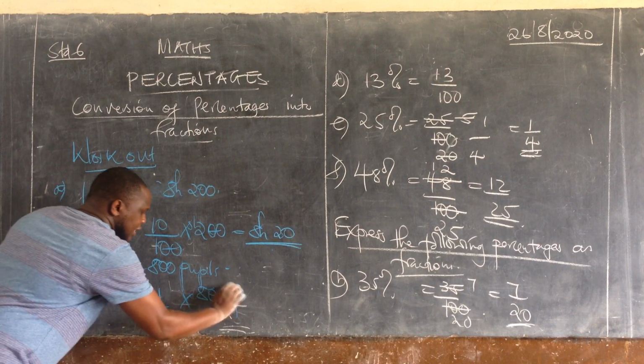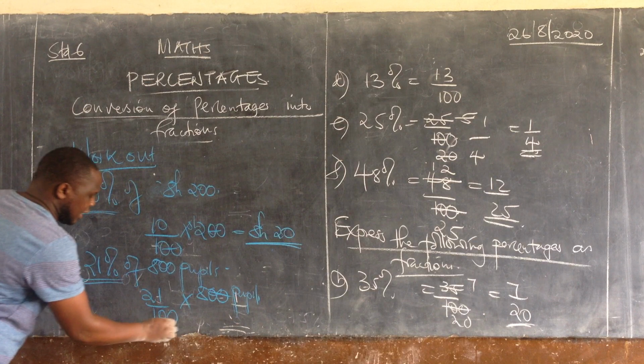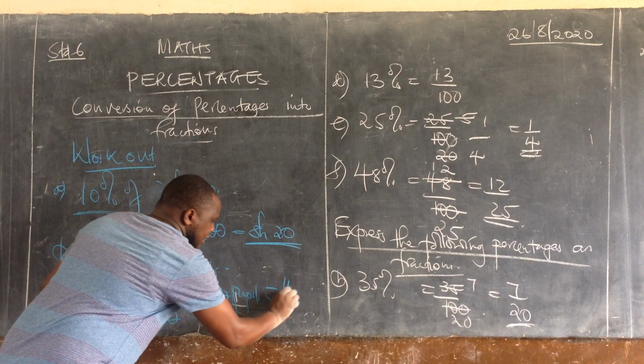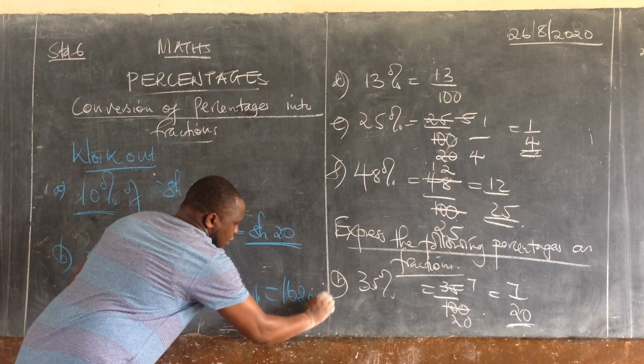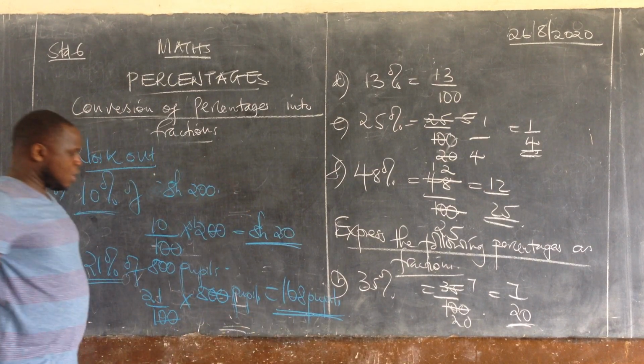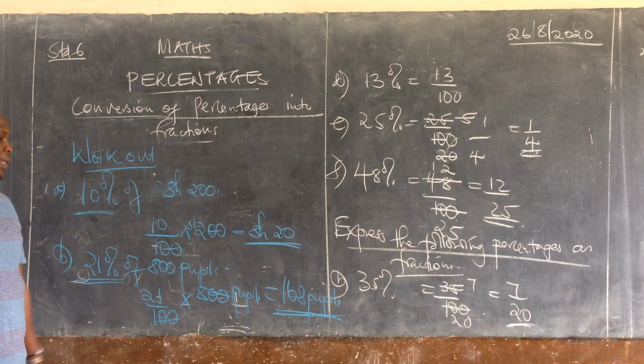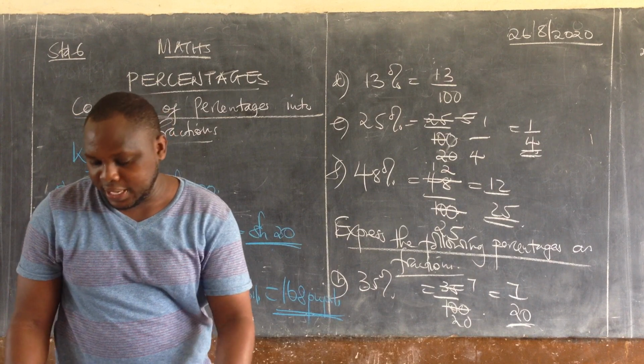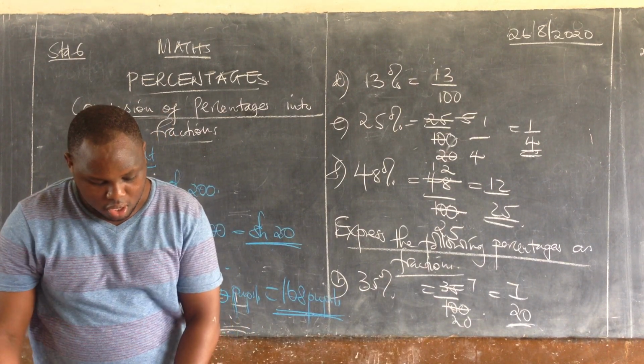You're going to realize that the 100 and 800 will cancel. 21 times 8 is simply 168 pupils. So 21% of 800 pupils is 168 pupils. That's how we can apply fractions in our daily life.